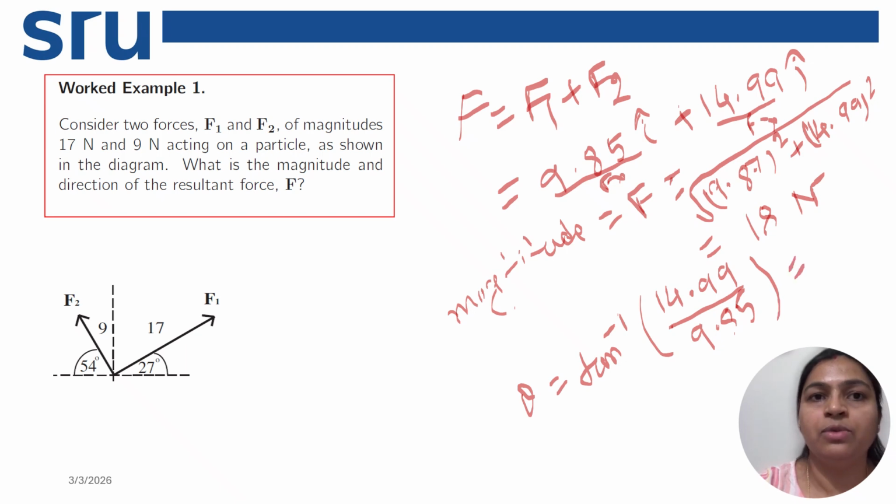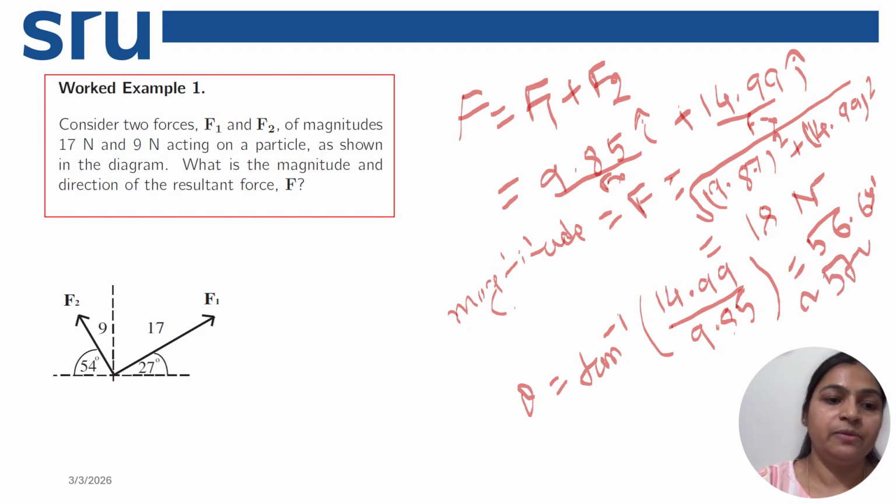This is closely equal to 56.68 degree, so it is closely equal to 57. You can see that this is just above the x-axis. So this is the way one can find the component or resultant force of multiple forces acting at different angles.